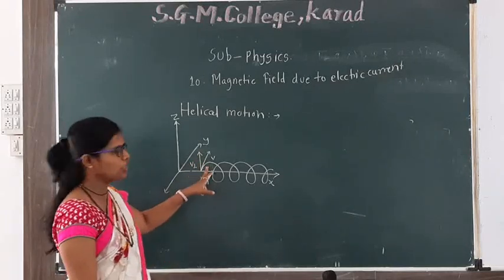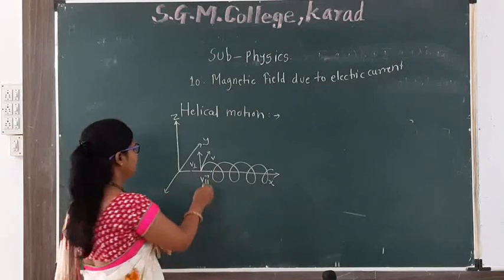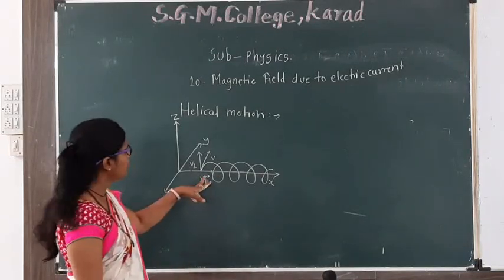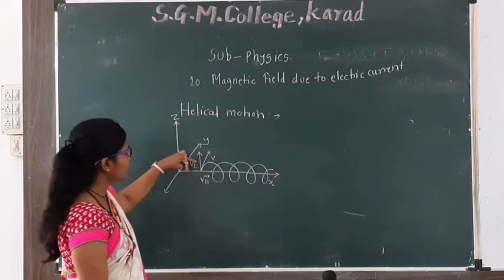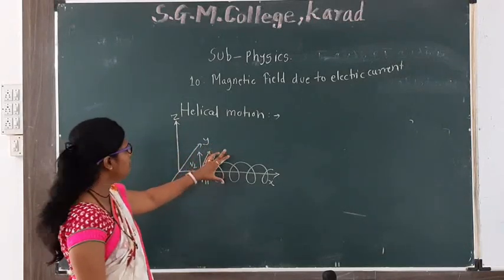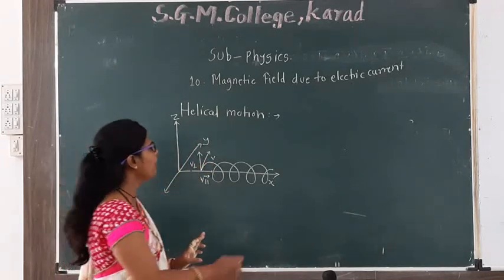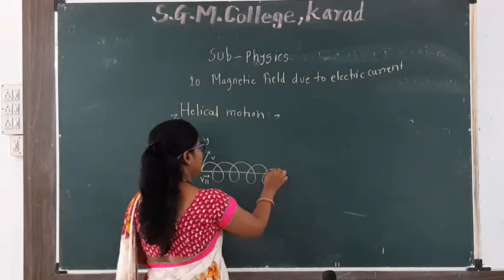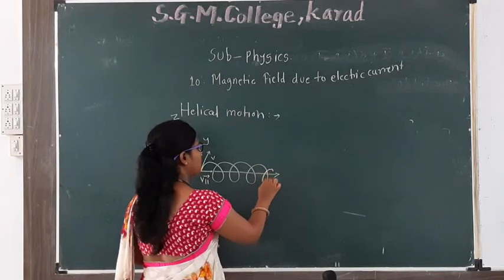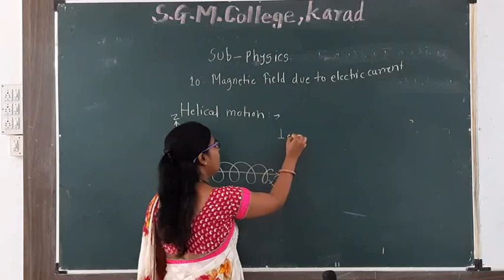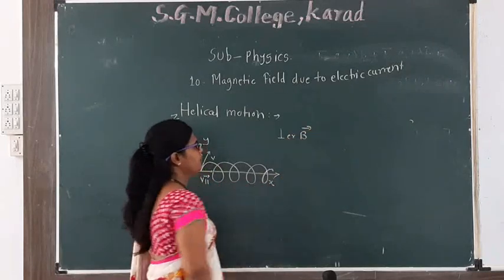In helical motion, the velocity of the charged particle is always perpendicular to the magnetic field here.